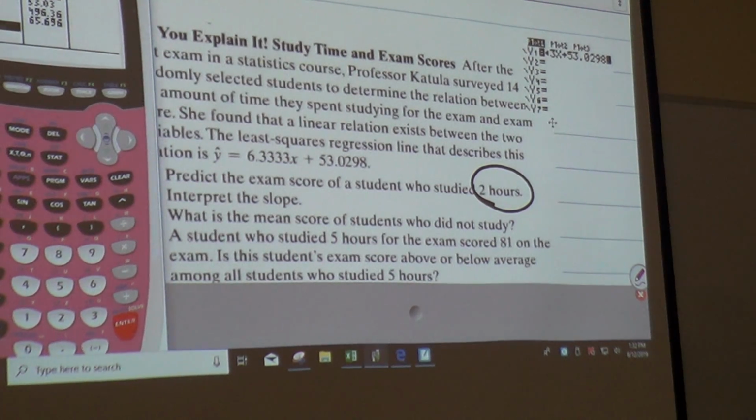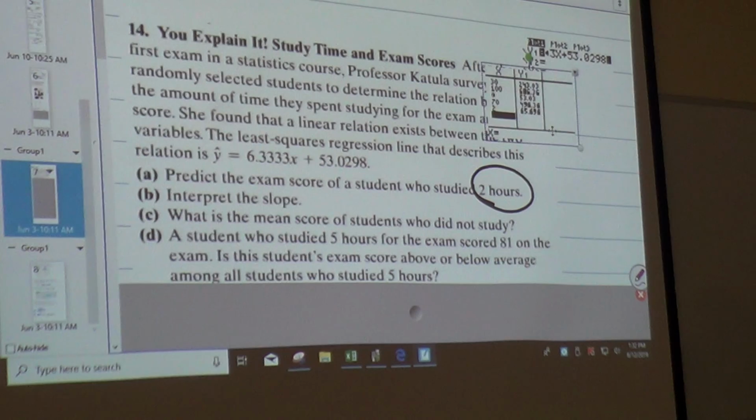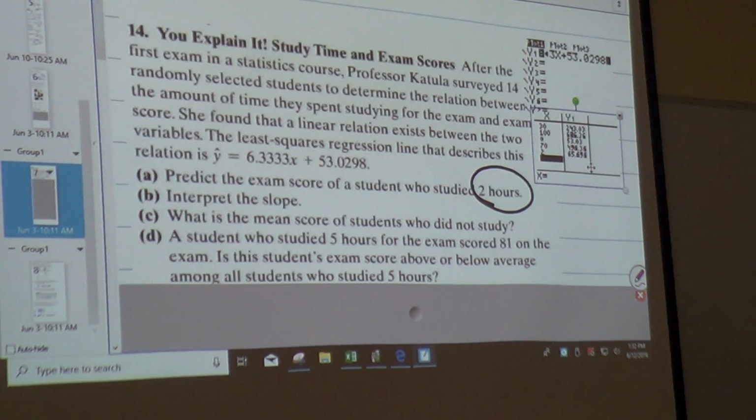So this is the hours they study, and this is going to be their grade. So if they study for 2 hours, what should we expect them to make on their exam? 65.7, or 65 point whatever they tell me to round it to. We good?